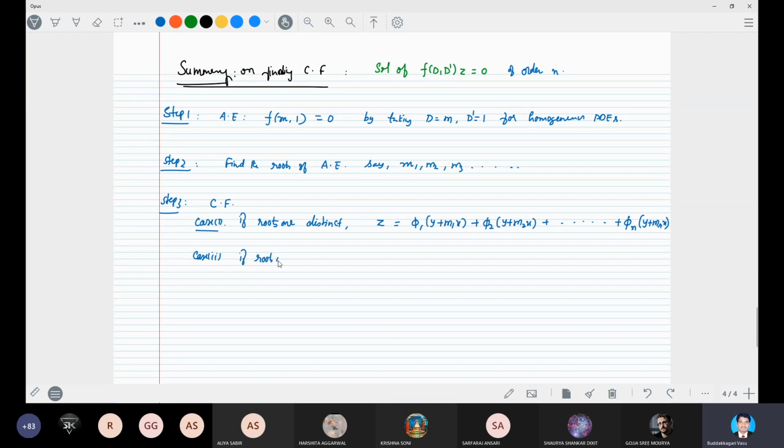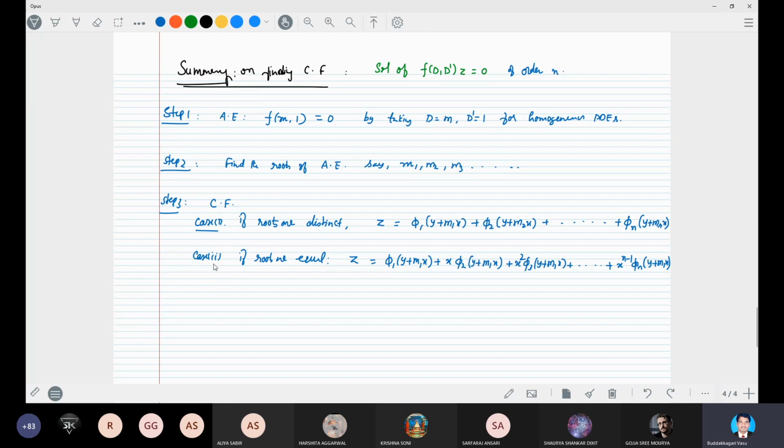If roots are equal, then the complementary function is z is equal to phi 1 of y plus m1x plus x times phi 2 of y plus m1x plus x square phi 3 of y plus m1x plus and so on, plus x power n minus 1 phi n of y plus m1x, where all the roots are equal to m1, right?